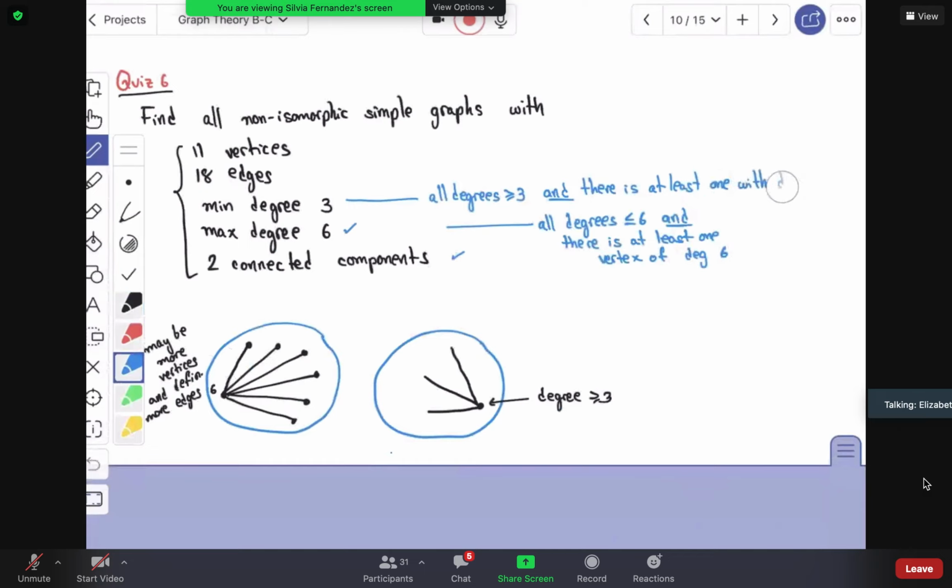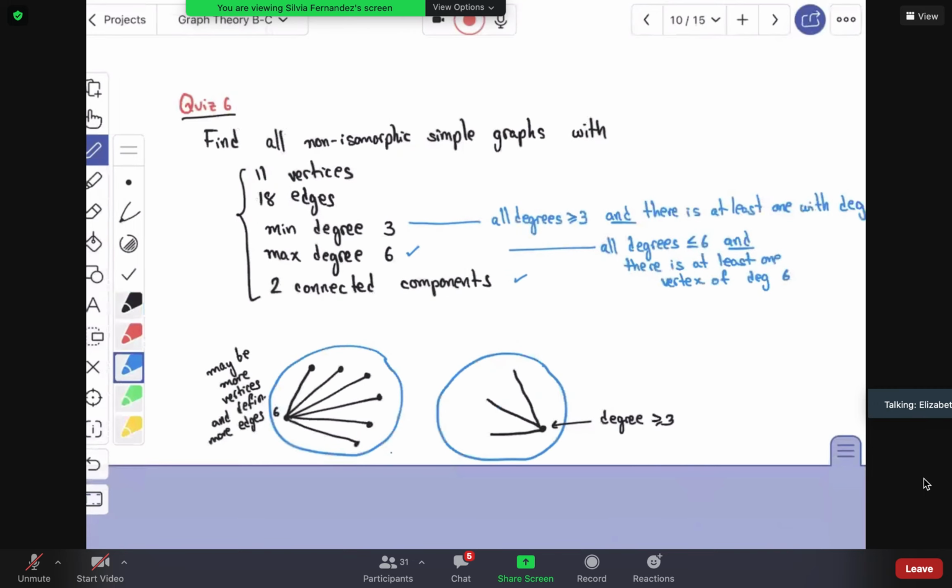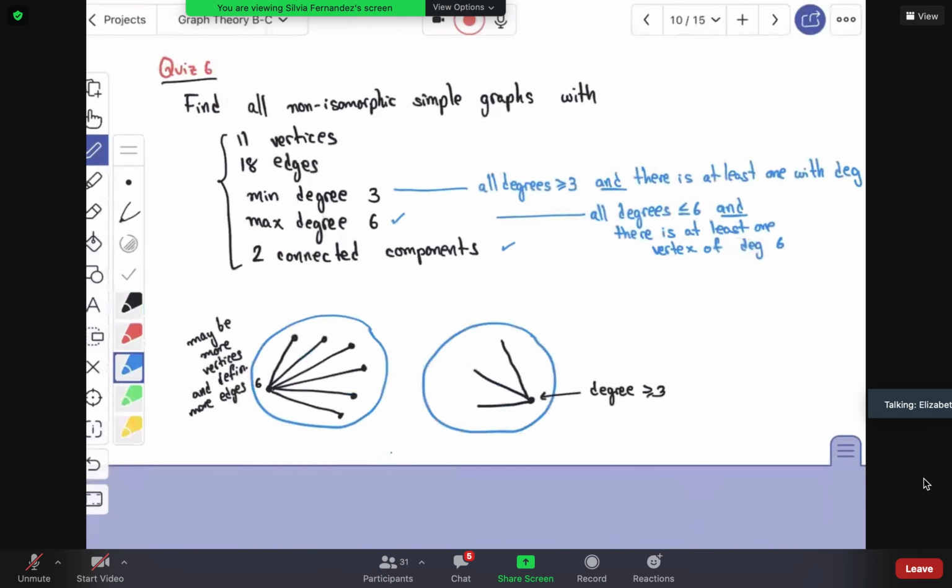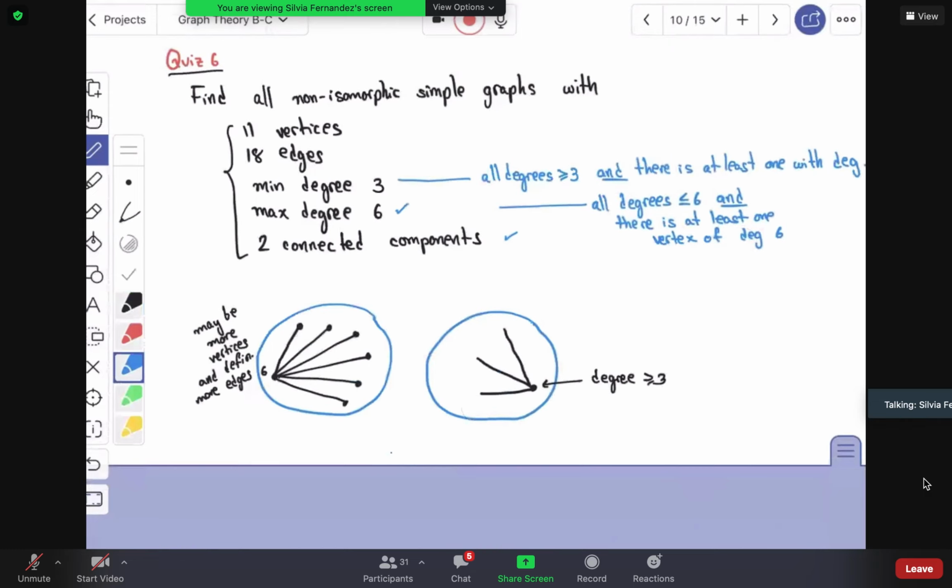So as long as there are 11 vertices, the min or the max doesn't matter, like the order doesn't matter? The order of the degrees, you mean? Yeah, it doesn't matter. The order of the degrees and the order of the points where they are, that doesn't matter.